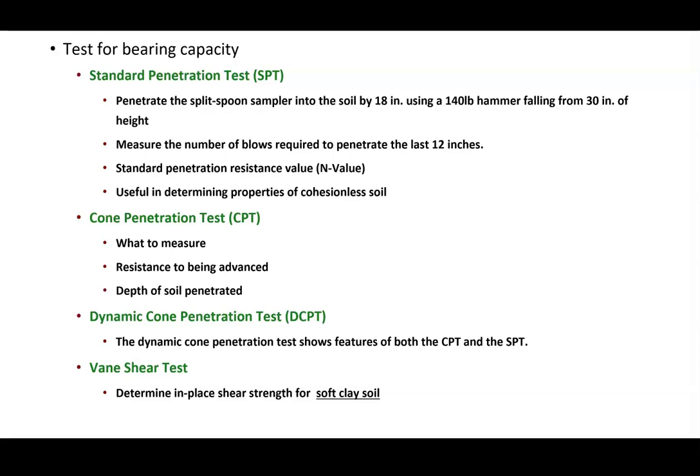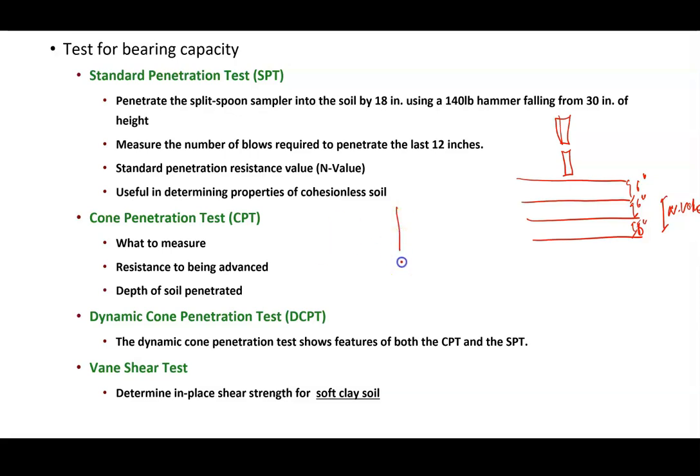The tests that we talked about included a standard penetration test, or SPT, which is when we have a rod and a weight trying to push a split spoon sampler into the soil in 3 increments, each one 6 inches. And N value is the number of drops or blows required for the last 12-inch penetration.